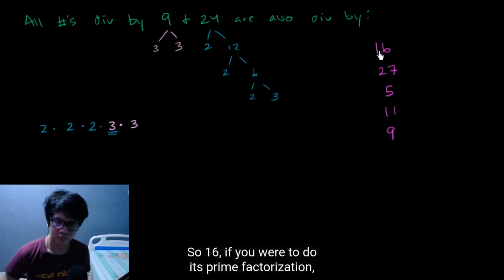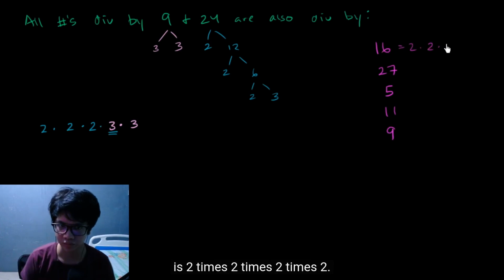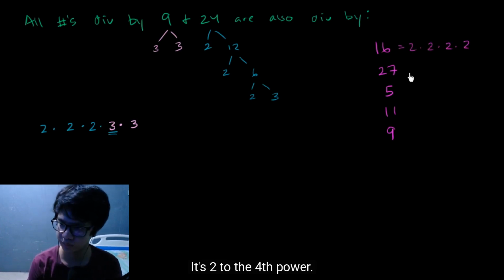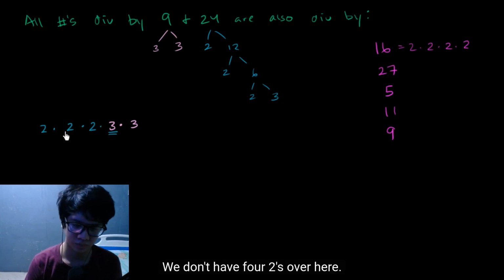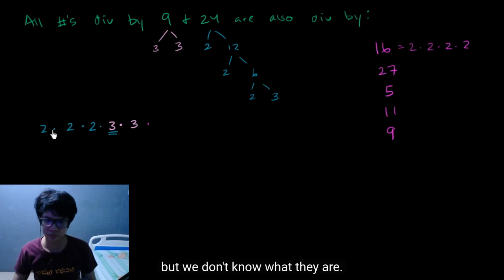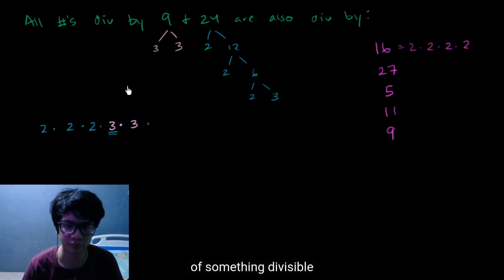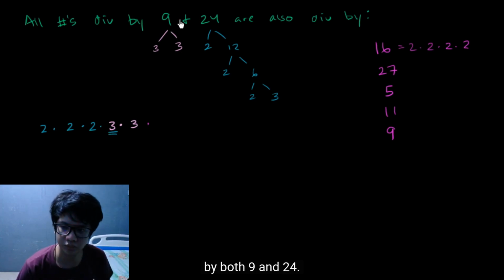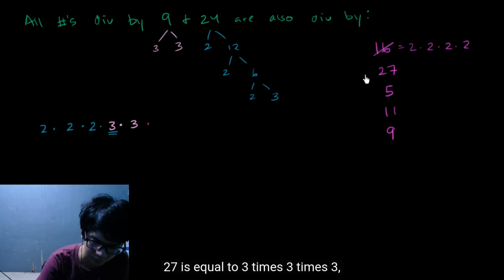So 16, if you were to do its prime factorization, is 2 times 2 times 2 times 2. It's 2 to the fourth power. So you would need 4 2's here. We don't have 4 2's over here. I mean, there could be some other numbers here, but we don't know what they are. These are the only numbers that we can assume are in the prime factorization of something divisible by both 9 and 24. So we can rule out 16. We don't have 4 2's here.